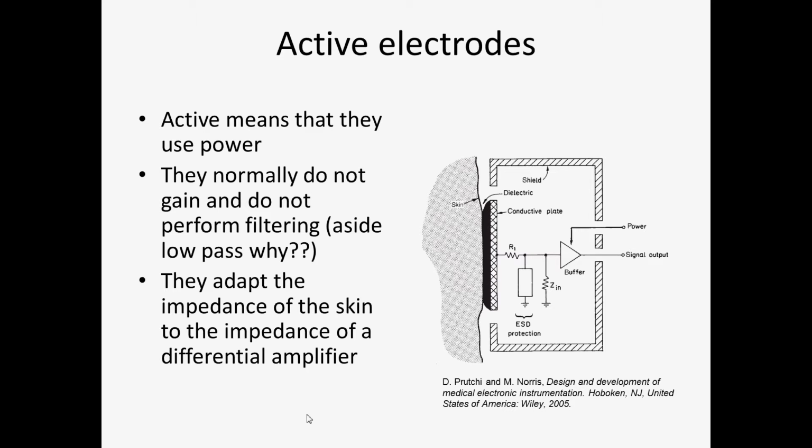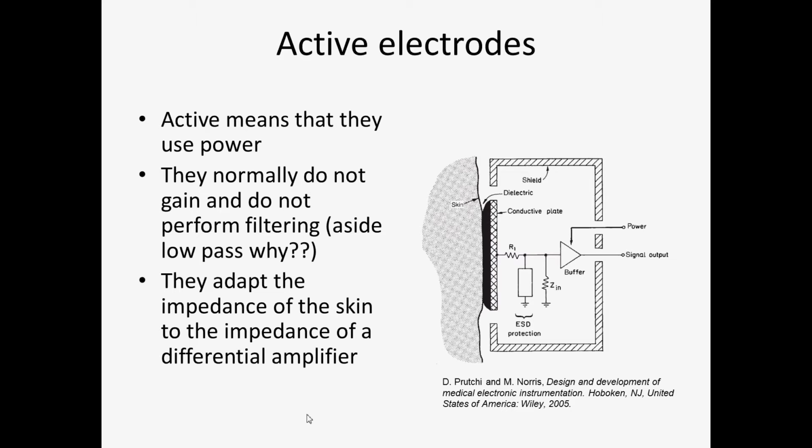That is because charges going along those wires between the electrode and the amplifier could be as big or bigger than the signal itself. So you're going to amplify them and see them and maybe mistake them for signal.